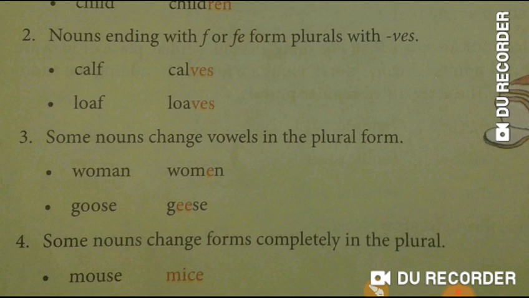It means we remove f or fe and add ves. For example, calf. So here the last letter is f. So to make its plural, we have to remove f and add ves. So it will be calves.